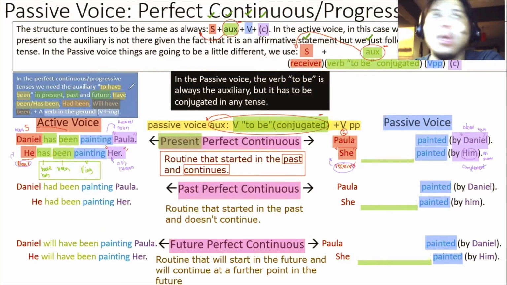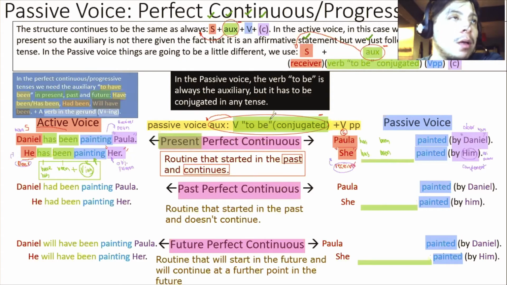So now, if we want to use it for the passive voice, the auxiliary is have or has been. In this case, Paula is the third person of the singular, she, so she has been. She has been. And then what do we need? We need have been plus a verb in ing. It was the verb paint, but in this case, we don't need the verb paint.